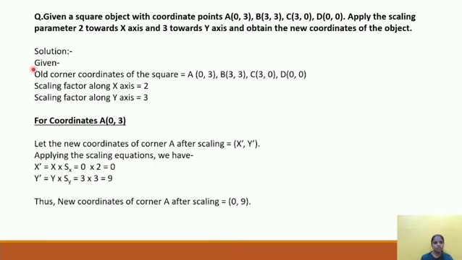Applying the scaling equation, x' equals x into sx. Here x is 0 and sx is 2. Similarly, y is 3 and sy is 3. When we multiply, we get 9. Thus the new coordinates of corner A after scaling are (0, 9).